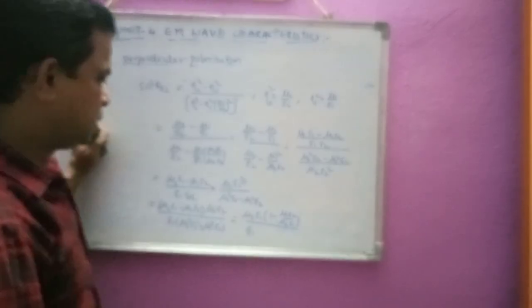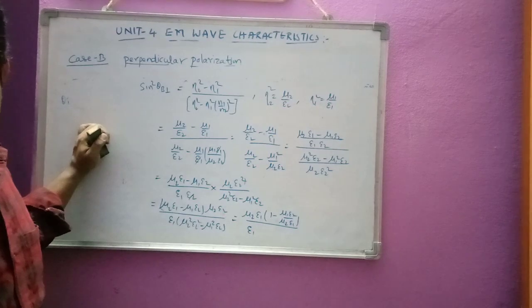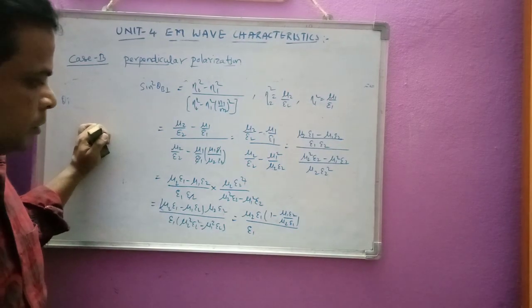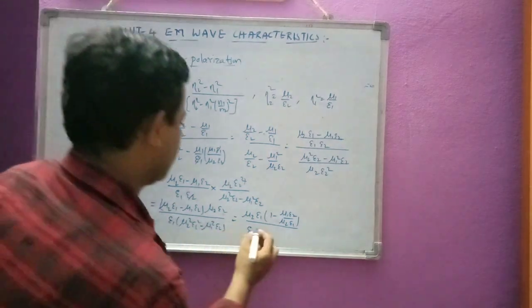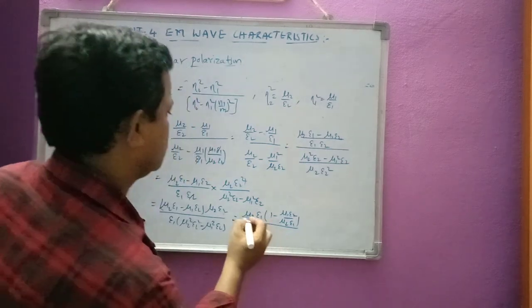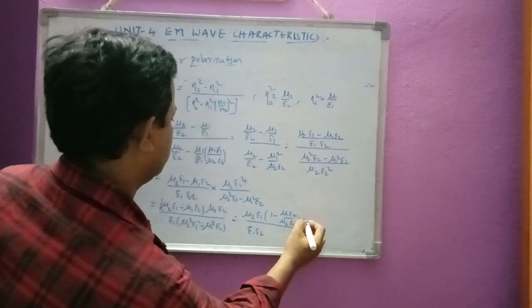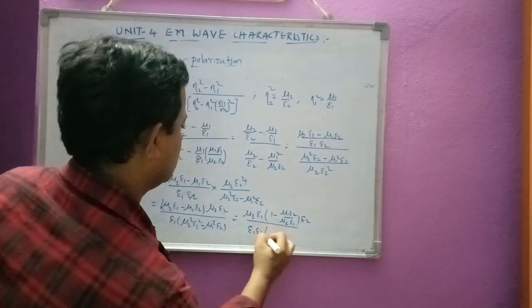So I can take epsilon 2 common also, epsilon 2 into mu 2 square.